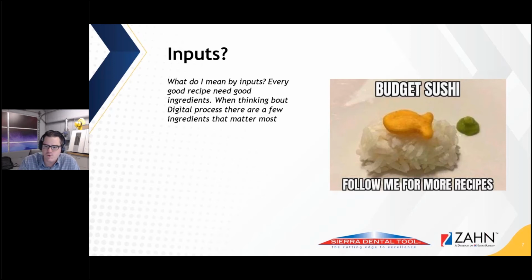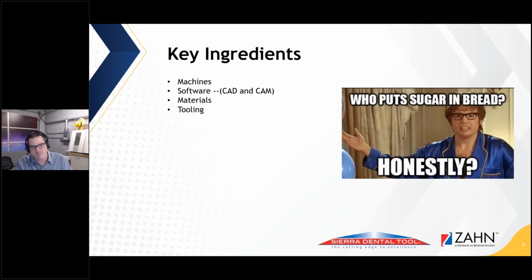When we're talking about what's going into your process, you can divide that up into some pretty big categories. The top four essentially in a digital machining process are your machines, obviously, your software, which is both the CAD side and the CAM side, highly important, what materials you're using, and then what tool you've employed in the process.